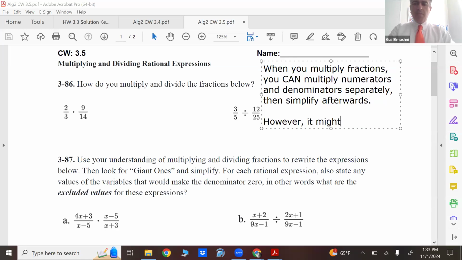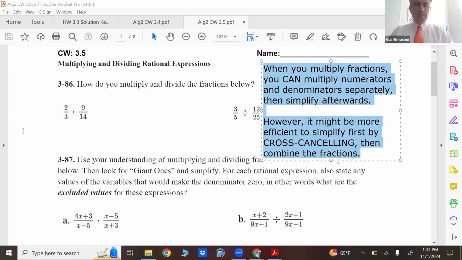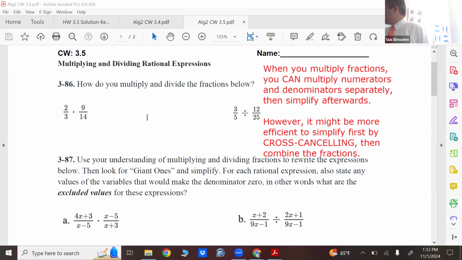However, it might be more efficient to simplify first by cross canceling, then combine the fractions. That's what I would recommend: consider cross canceling, just so you don't deal with big numbers or big expressions, and then combine afterwards.